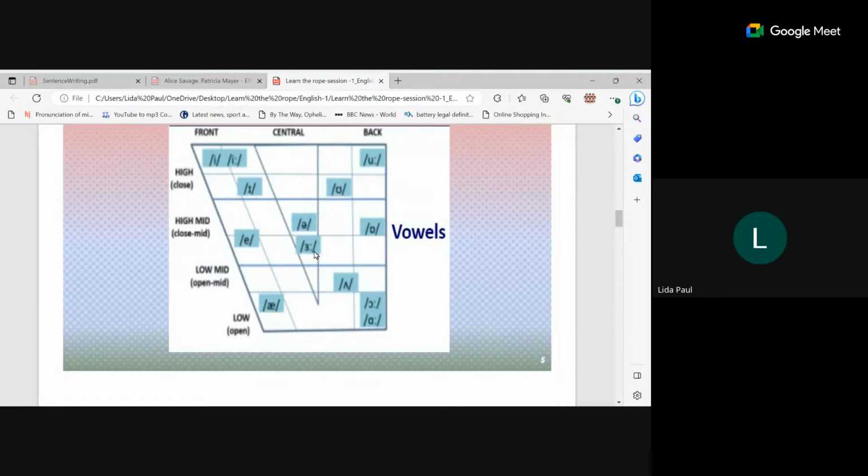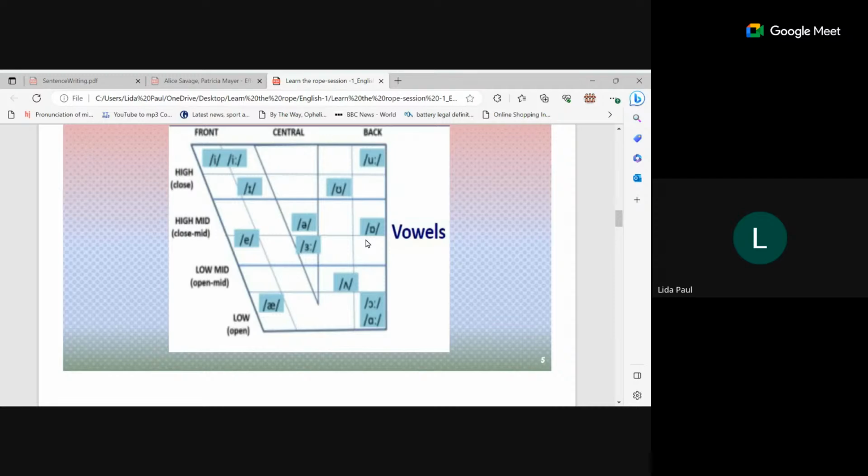Then another mid vowel is the back mid vowel, which is O. This one is found in words like cot, pot. So 4 of them: the front mid sound, the long and short central mid vowels, and the back mid vowel, as in the words cot, pot.